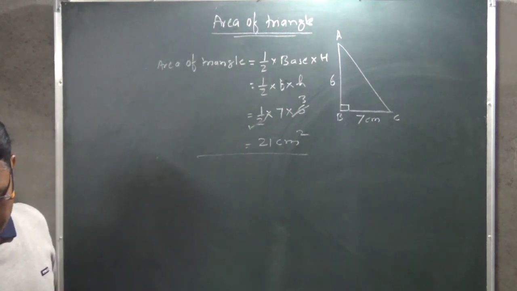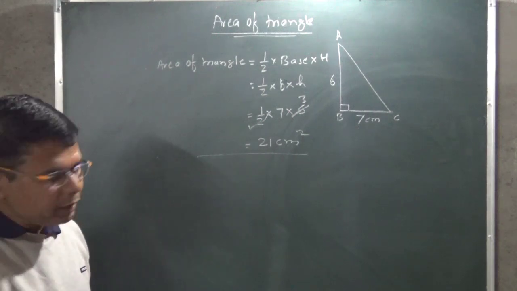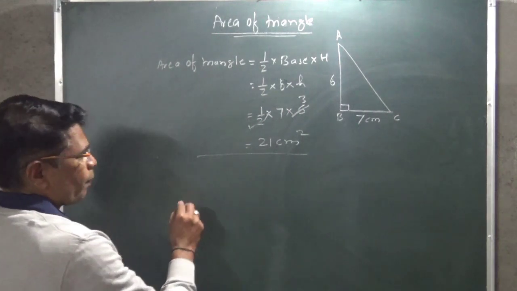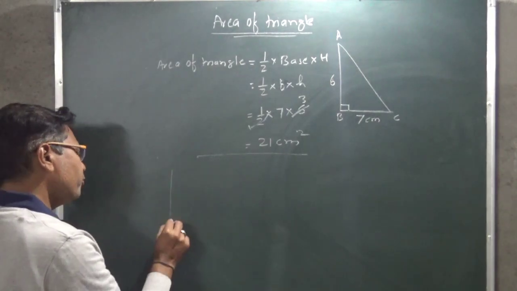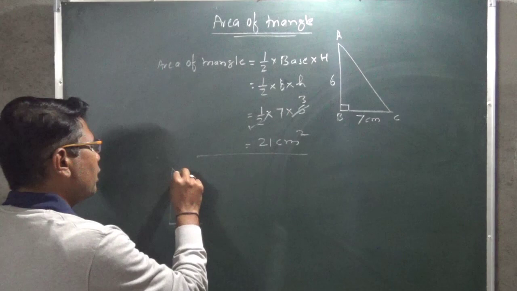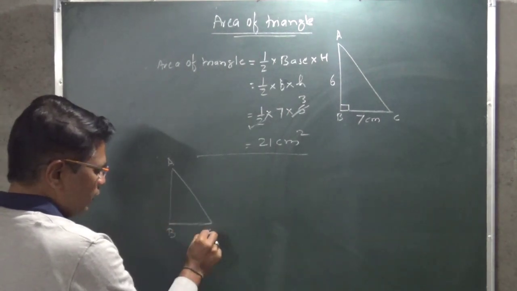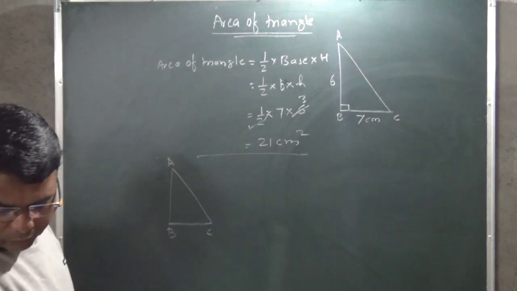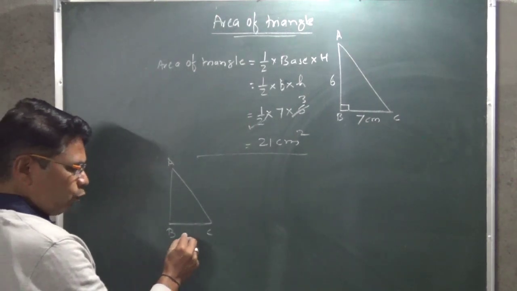For example, if the sides forming the right angle triangle are, for example, if we draw triangle ABC, 3.5 centimeter and 4.2 centimeter.